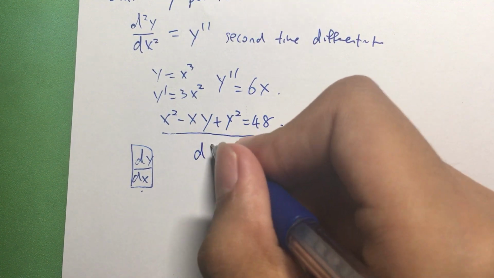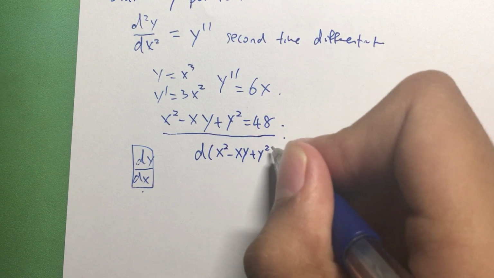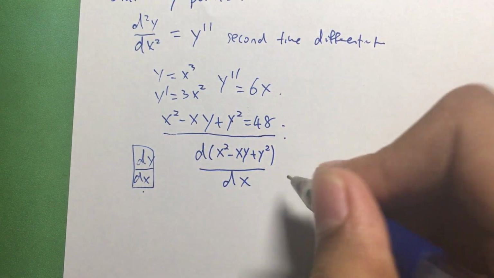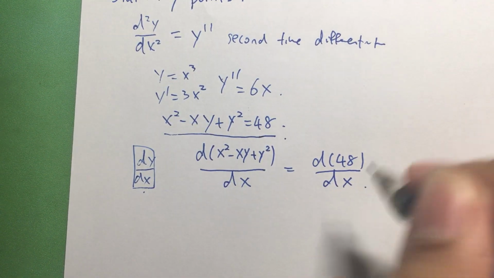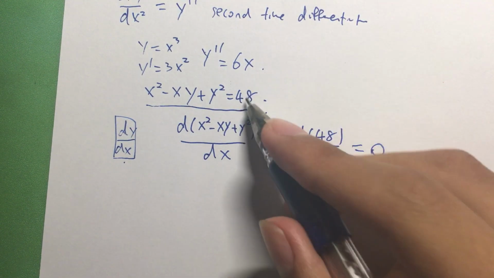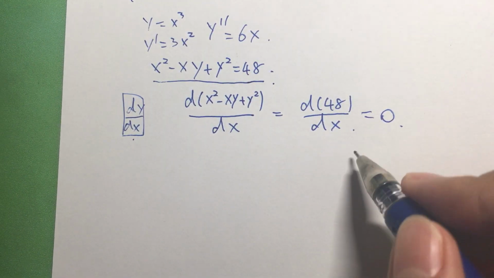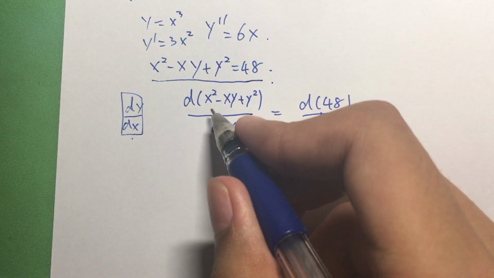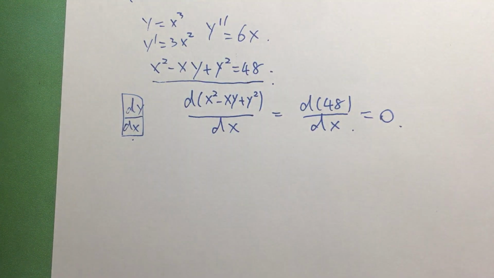So we'll have d bracket x squared minus xy plus y squared over dx equals d48 over dx. And we know that d48 over dx is equal to 0 because it's a constant. And when you're doing differentiation of a constant, it becomes 0. So now we have d of x squared minus xy plus y squared over dx equals 0.